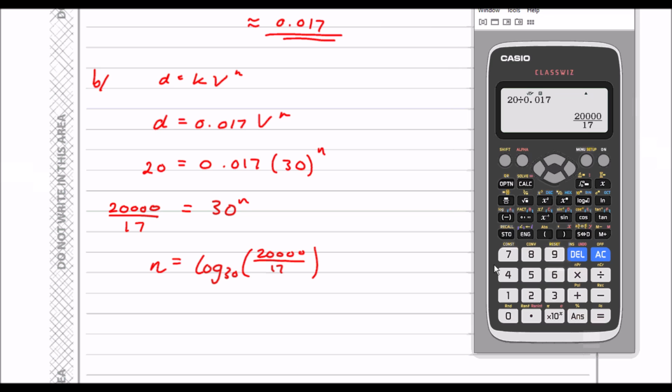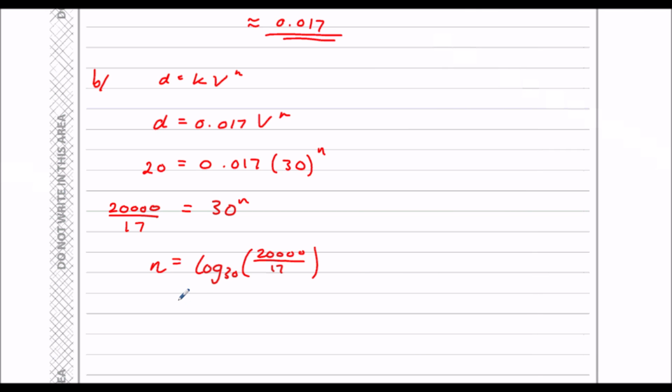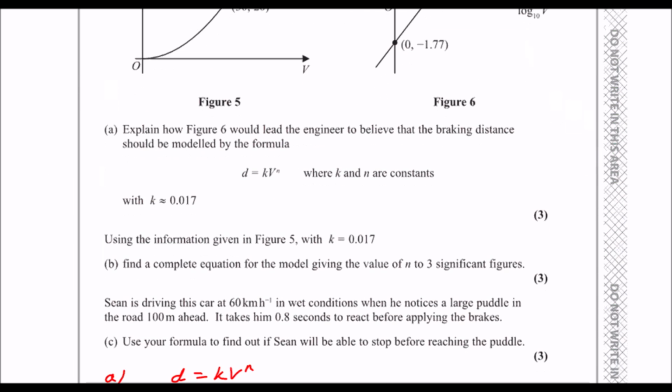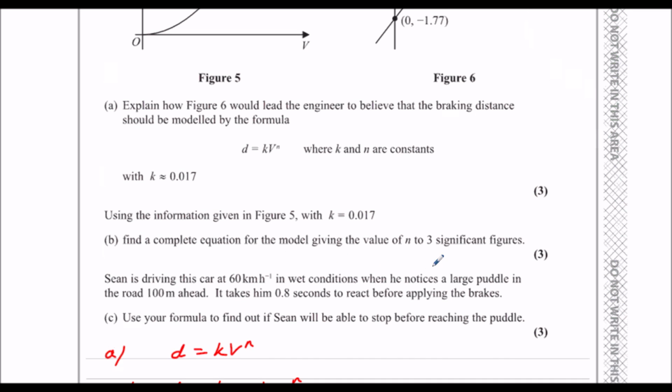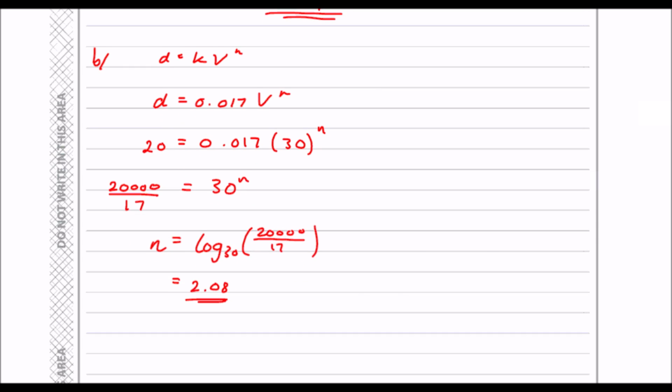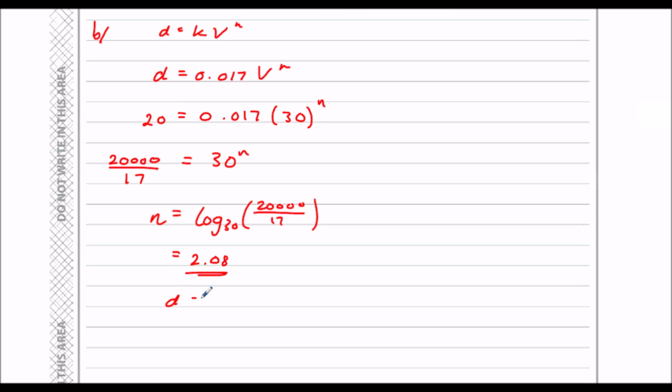So log 30 answer is 2.08. So find the complete equation for the model. Writing that out again, we've got d equals 0.017 v to the power of 2.08.